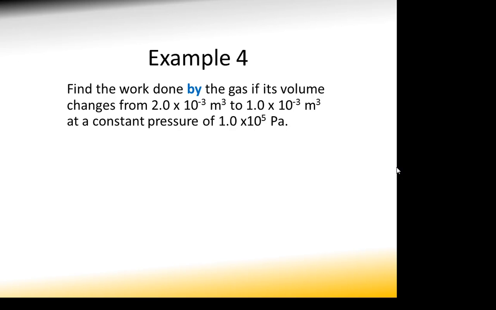But look at the question here: the work done by the gas when the volume becomes smaller. If the gas expands, the work done by the gas is a positive number. But here, the gas contracts, so the work done by the gas must not be positive. It must be negative. Alright, so try it out.